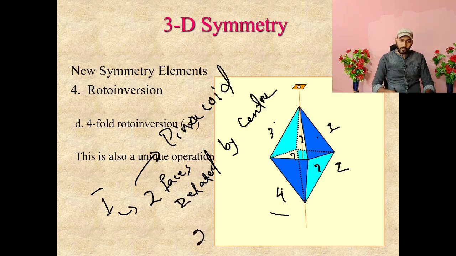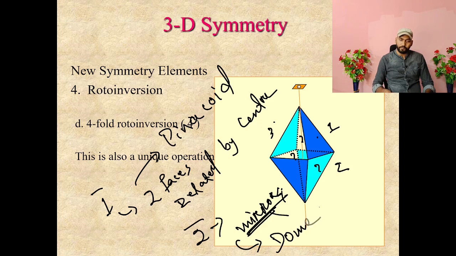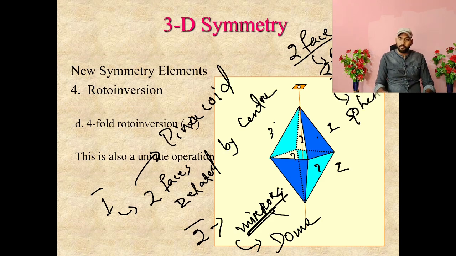Then I told you two bar, when two faces are related by a mirror. If you remember, in the two bar, the two faces are related by a mirror plane in between. Then we will call it dome. When there are two faces related by a two-fold axis in between, we will call it sphenoid.